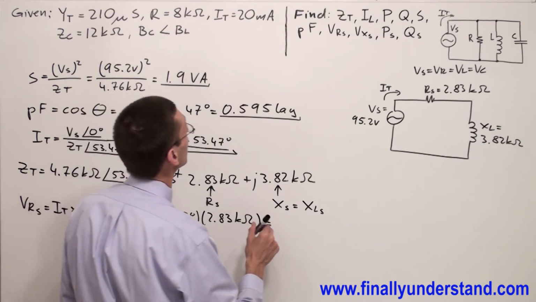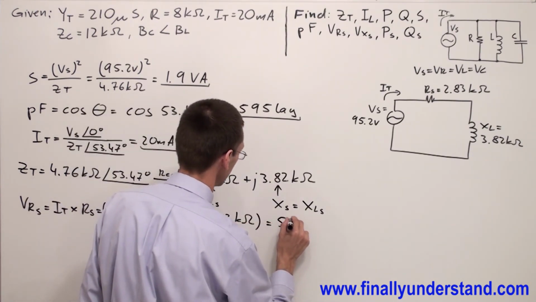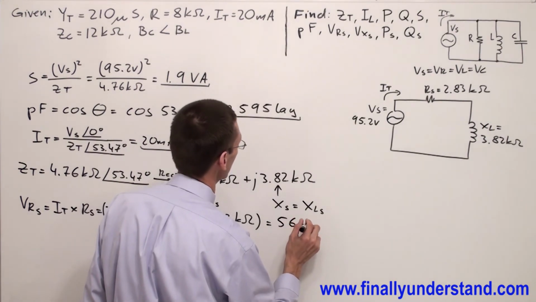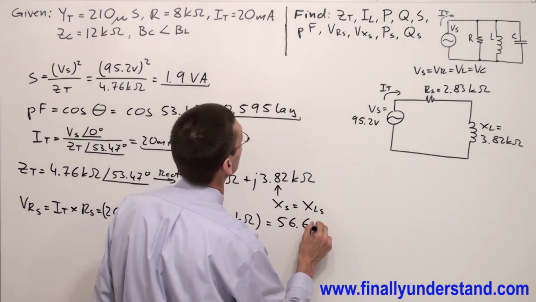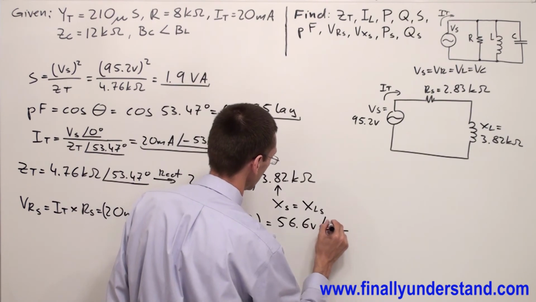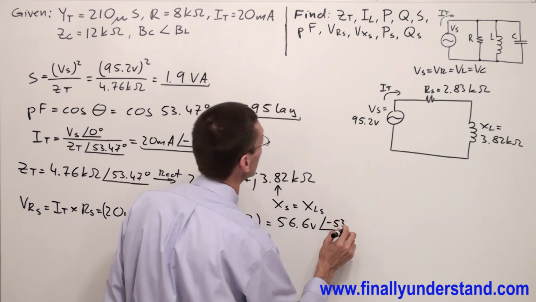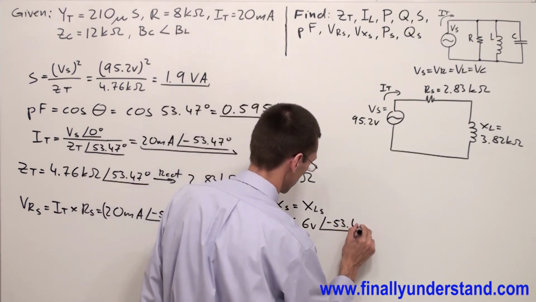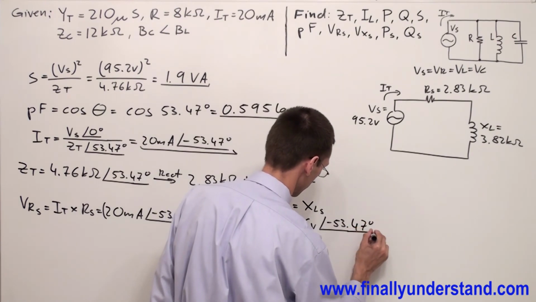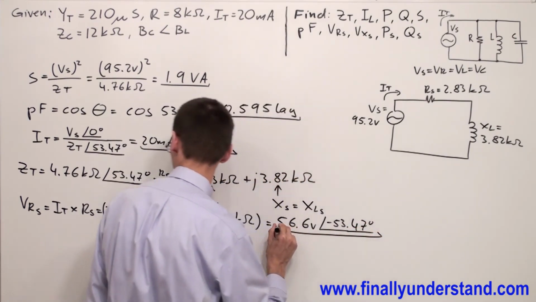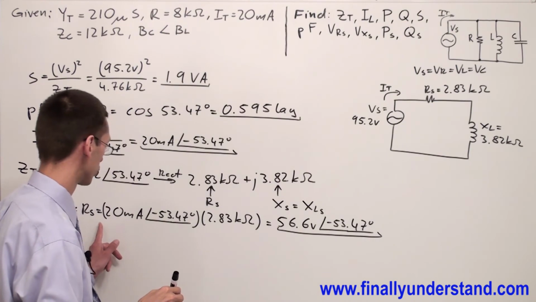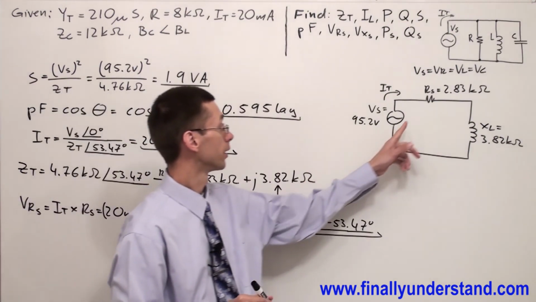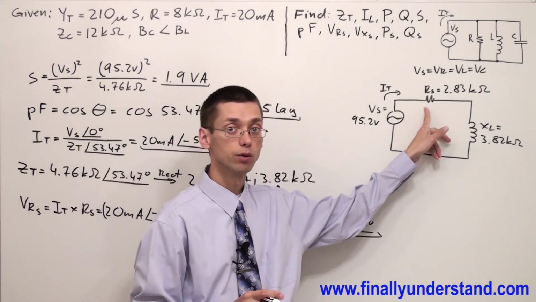Everything is equal to 56.6 volts at an angle of negative 53.47 degrees. So this is the voltage across the resistor in my series equivalent circuit.